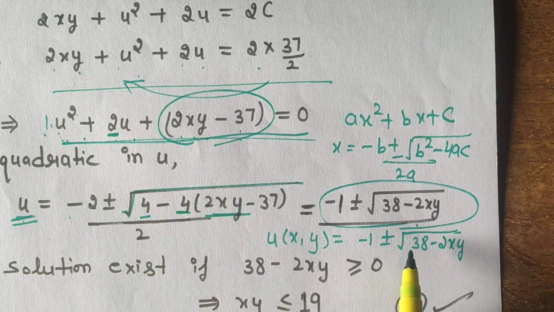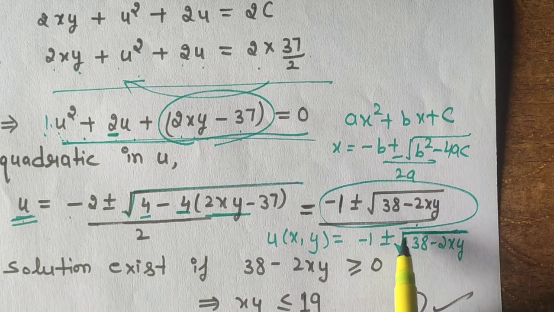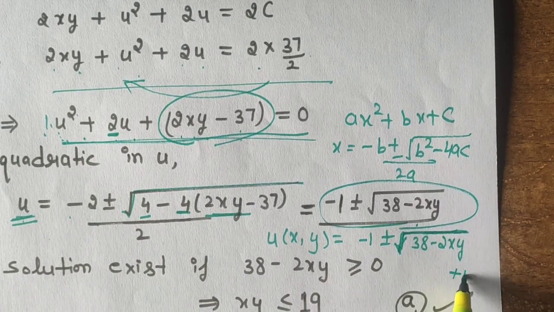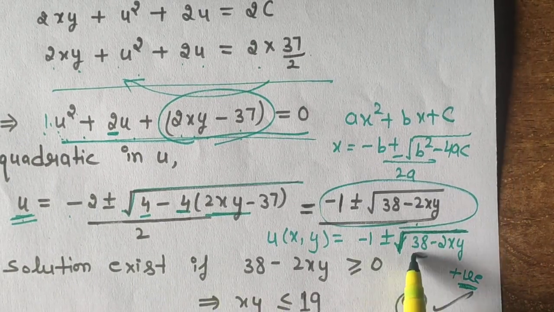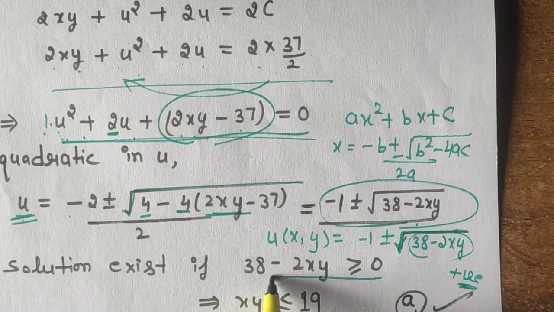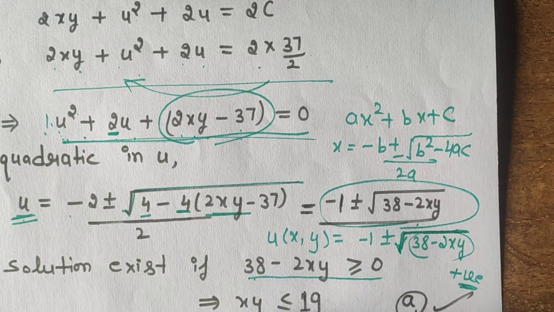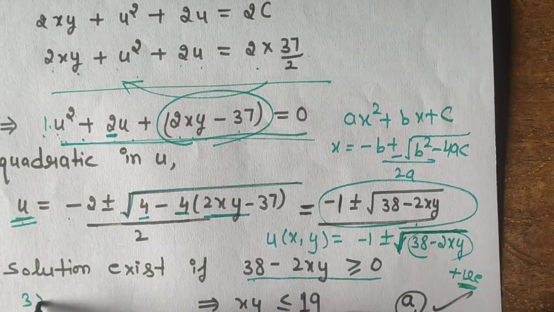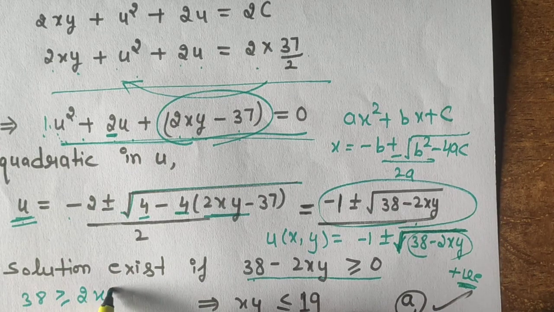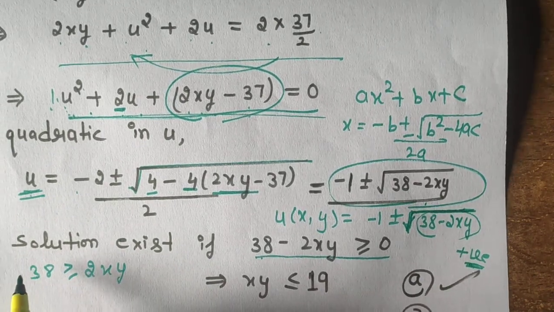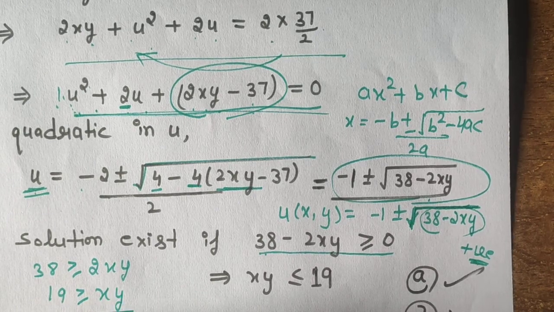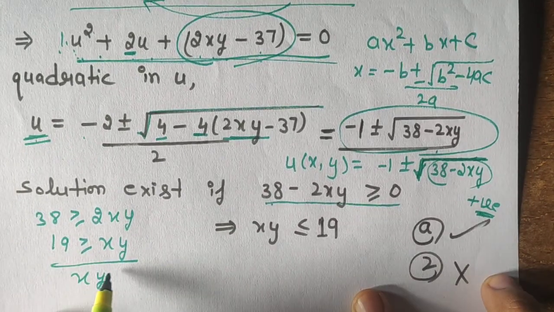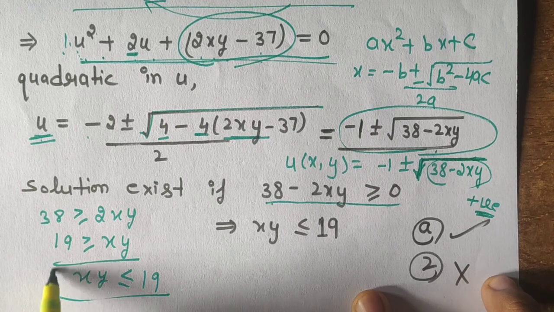The square root is always non-negative, so this value is always greater than or equal to 0. That means 38 is greater than or equal to 2xy, and dividing both sides by 2, this becomes 19 greater than or equal to xy. That means xy is less than or equal to 19.